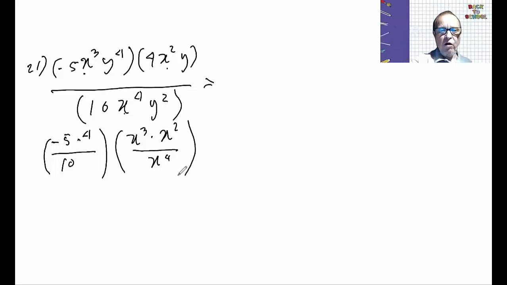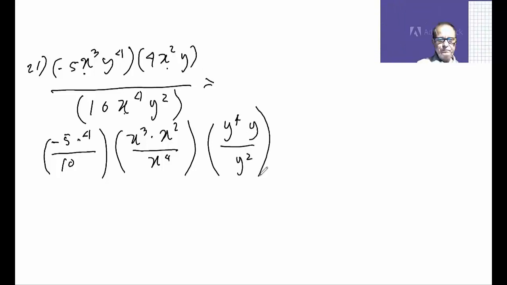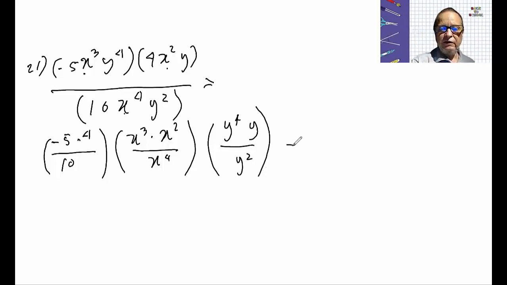Then I'll do my y's. I have a y to the 4th here, I have a y here, and I have a y squared here. And here I'll do my multiplication on top. So negative 5 times positive 4 is negative 20 divided by 10.